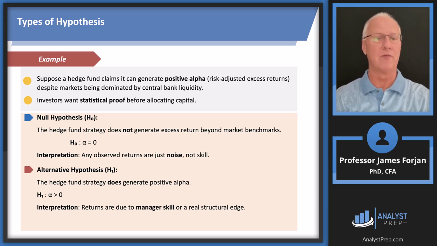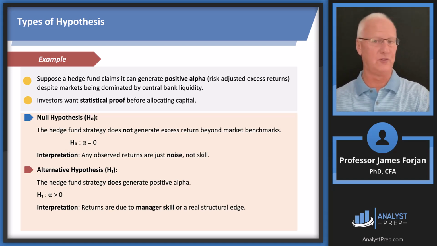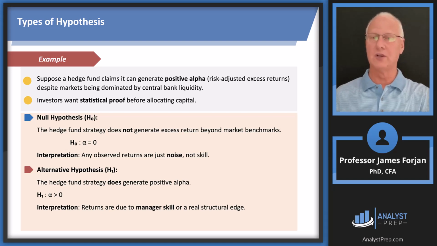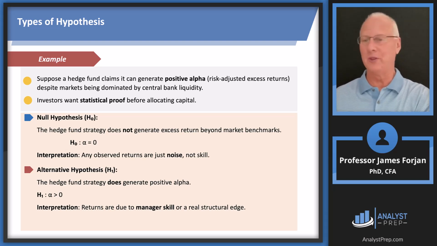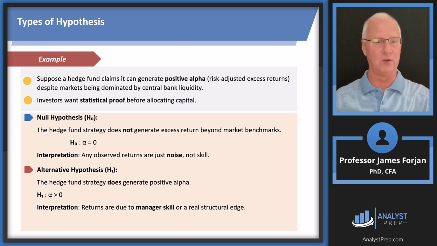So notice that alpha is equal to 0, but the alternative is going to be not just that the alpha is not equal to 0, because then that alternative would be, well, I'm either really, really good or I stink. But I'm thinking that, hey, I'm really, really good, so that's why we have a positive, a greater than sign after the alpha, greater than 0.